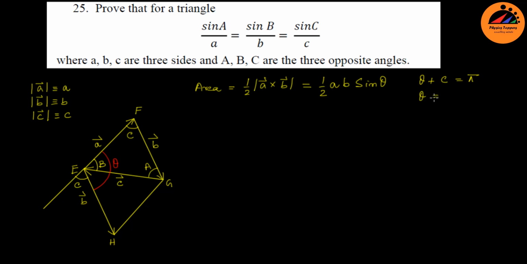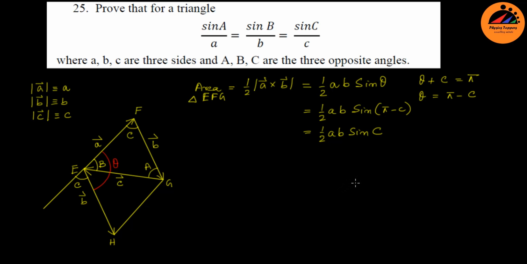So theta is equal to pi minus C. So here we can write half A times B sine of pi minus C is equal to half AB sine C. So this is the area of the triangle EFG.